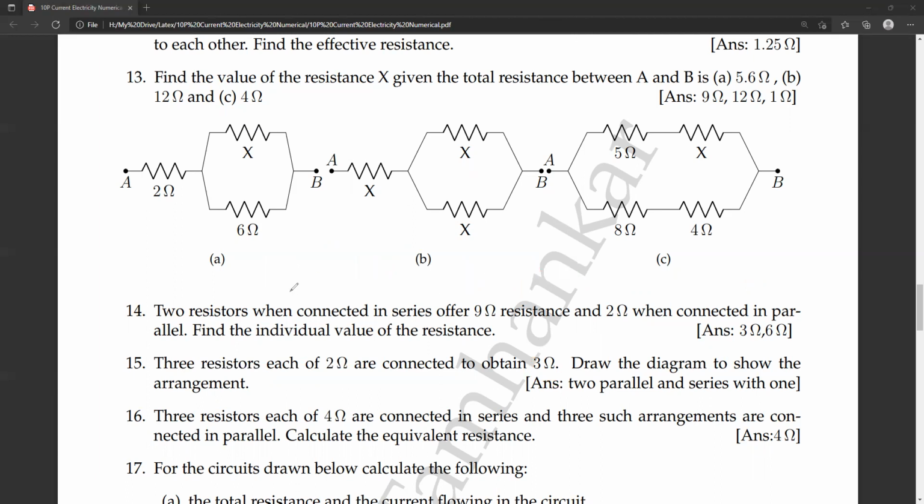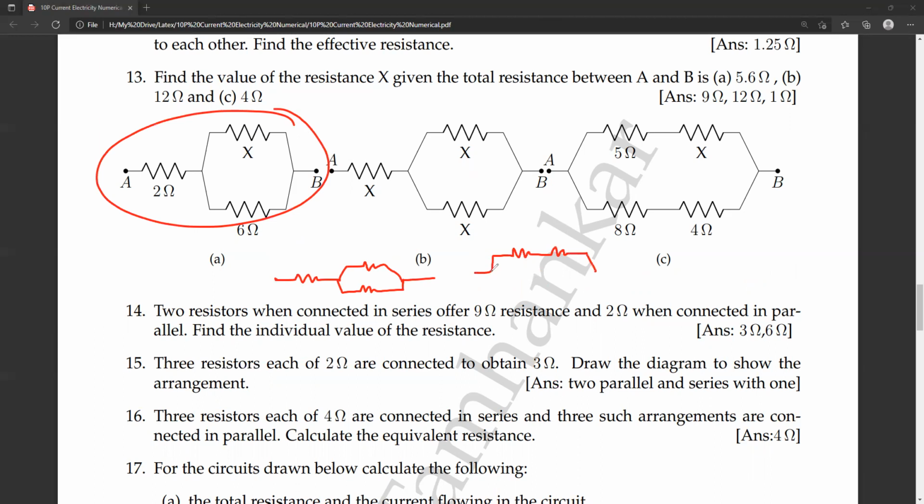So what do we do? Another way is something like this. One more way is this, where you're using three resistors. Which of them is correct? Let's find out. So this is 2, 2, and 2.